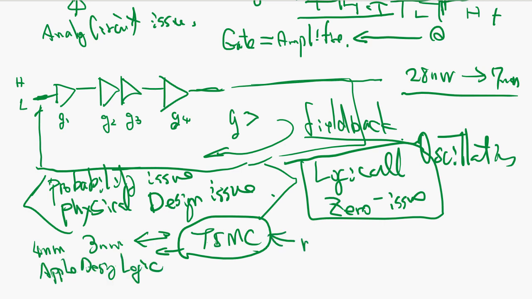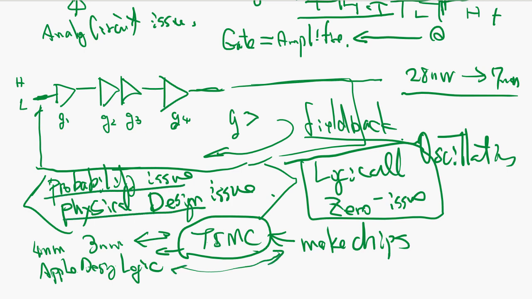TSMC makes the chip. But in chip technology, there is something in between: a physical design issue. Somebody needs to take care of it. Does Apple have it? Does TSMC have it? Well, that's really the question, right?